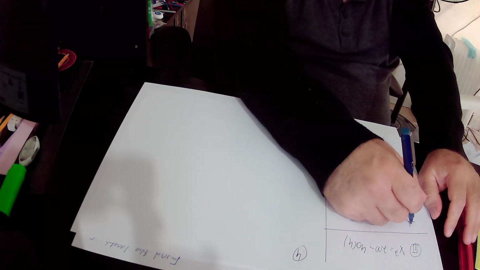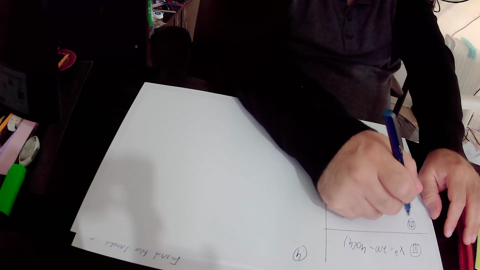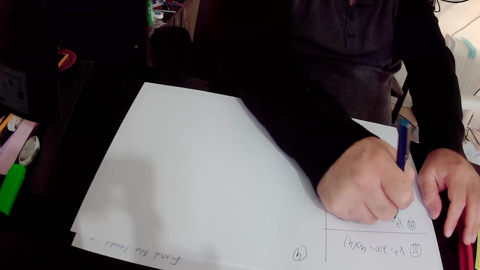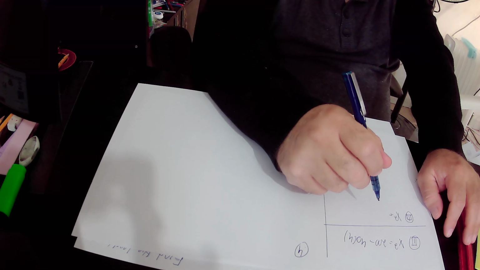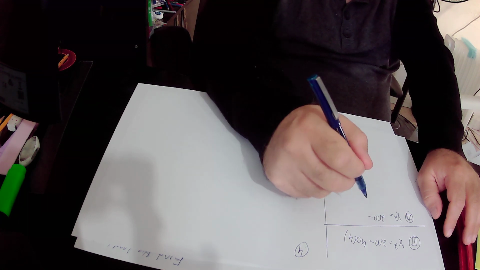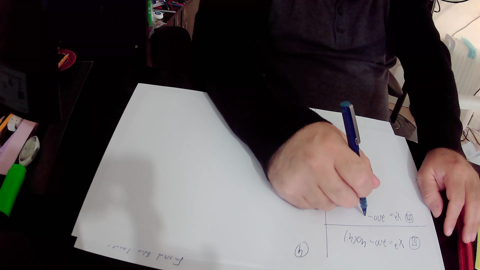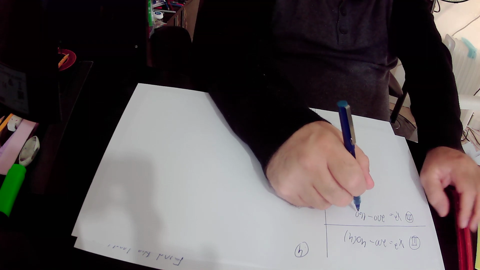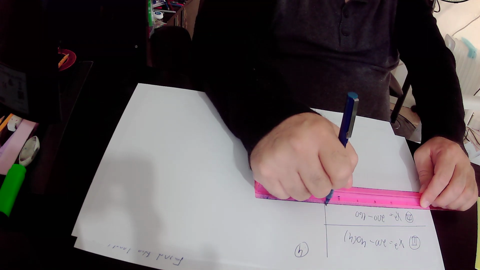So according to equation number 3, we get that x squared equals 200 minus 40 times 4, which is minus 160, and 200 minus 160 is 40.